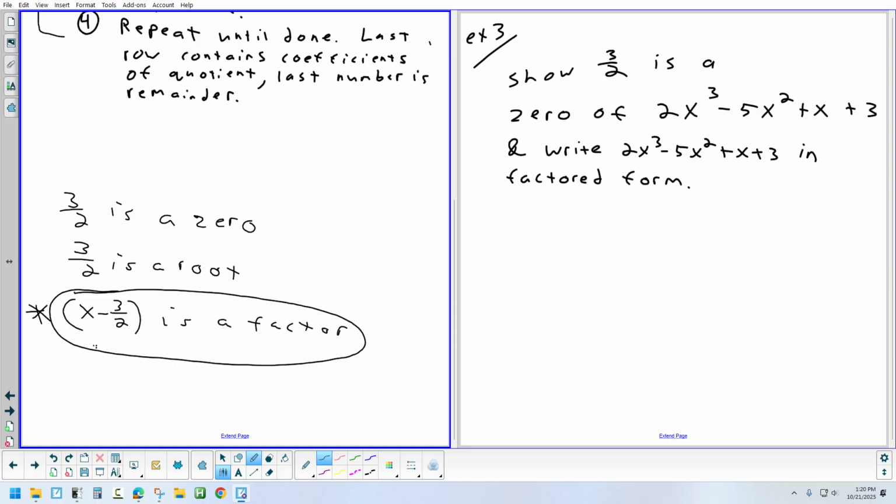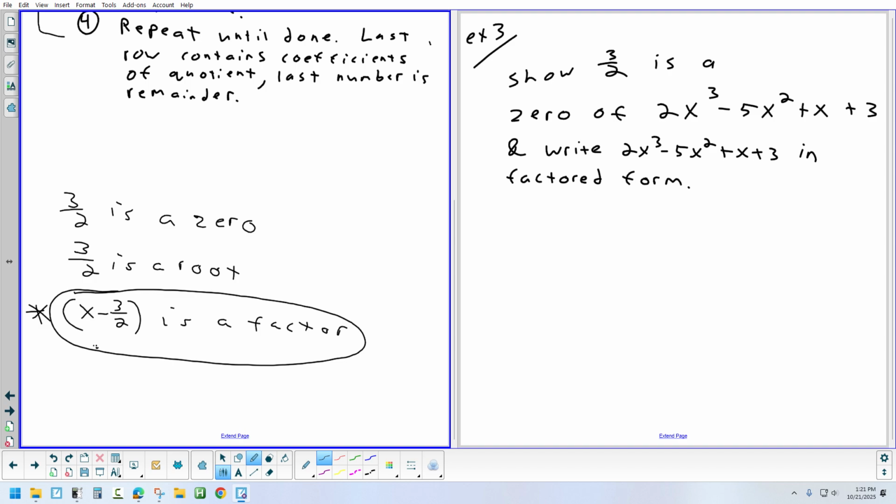You won't have a remainder. Right, you will have a remainder of 0. So I'm going to divide this into the cubic, and I'm going to hope that I get a remainder of 0, which proves it's a factor, which in turn proves 3/2 is a root.